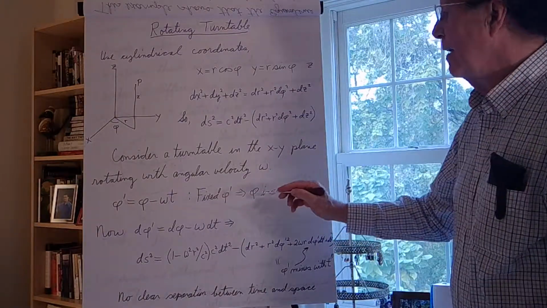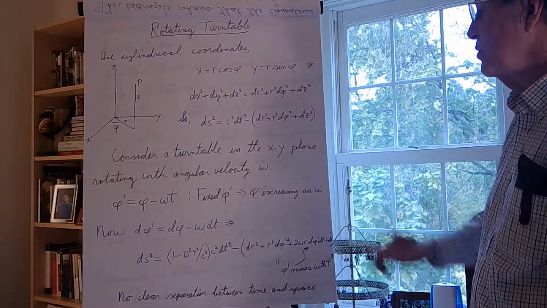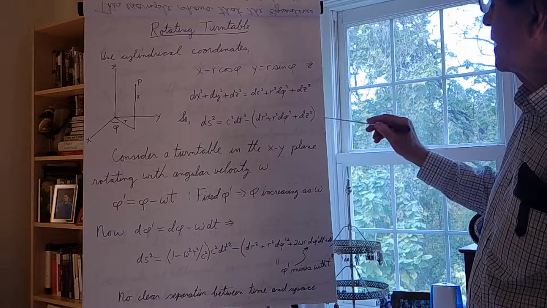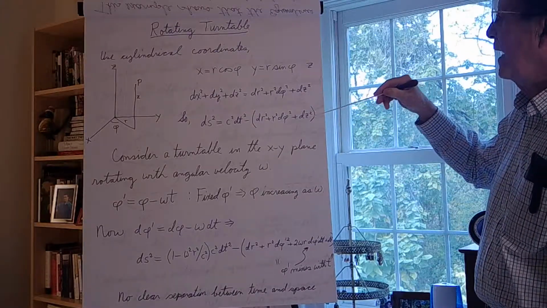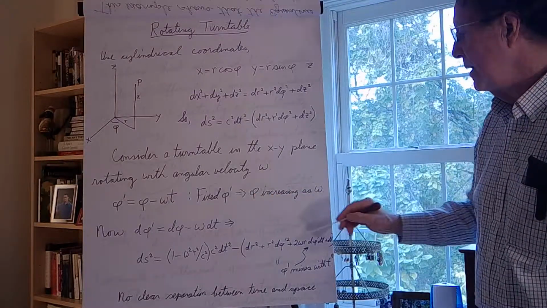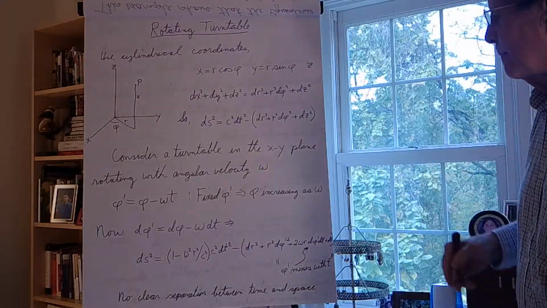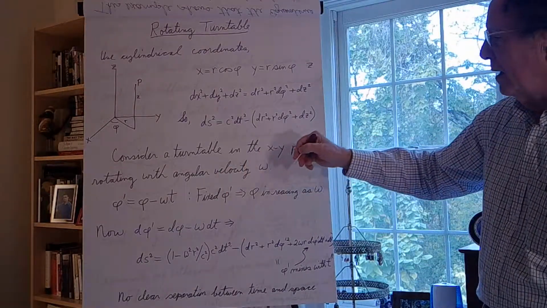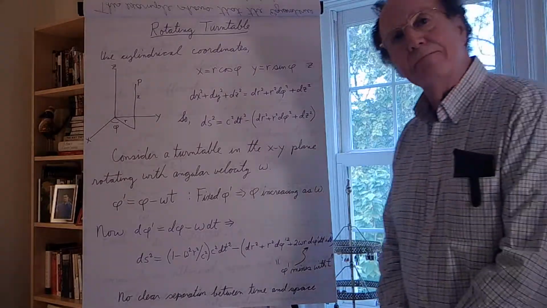Once I write that down, then for fixed omega, I can take the differentials, and come back to my statement of the metric in terms of phi. Get rid of phi in favor of d phi prime and dt. Substitute it in, a little bit of arithmetic, and here's what I get. First, I get a term that goes like dt squared, and it looks very familiar to me.